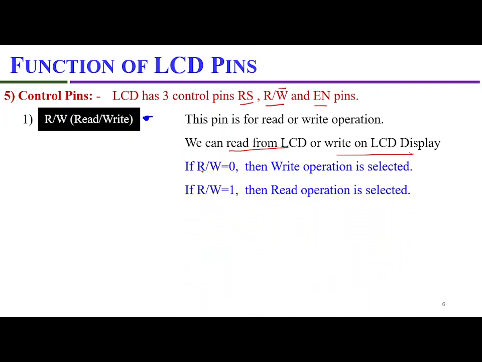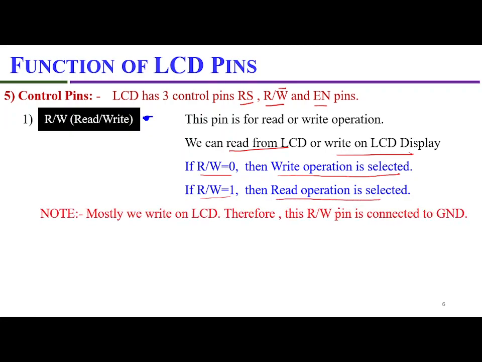If we make this pin equal to 0, then we can write anything on the LCD. And if this pin is made 1, we can only read from the LCD. But in general, we write on the LCD. Therefore, this pin is always connected to ground permanently to avoid confusion in the software.